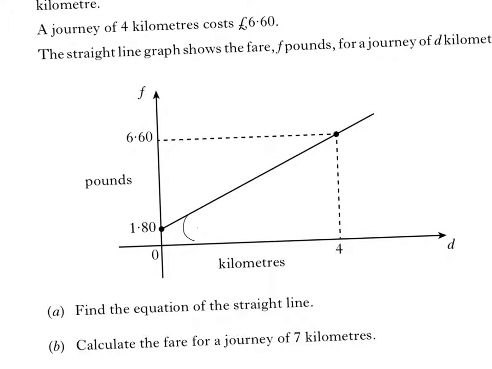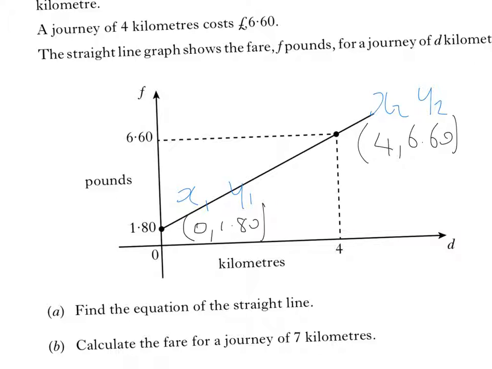I can see that I'm 0 along and 1.80 up for the first point. I'm 4 along and 6.60 up for the second point, and I'll label them x1, y1, x2, y2.